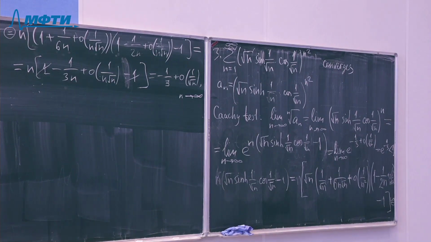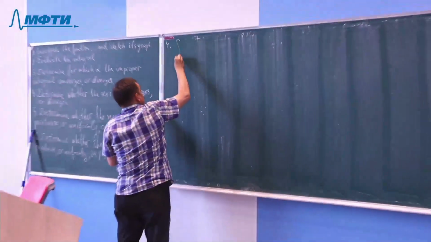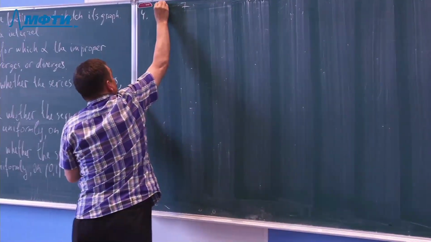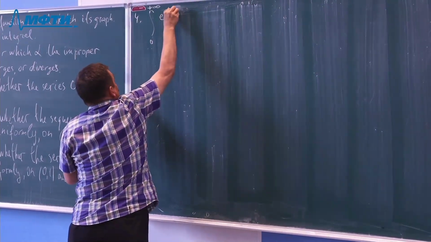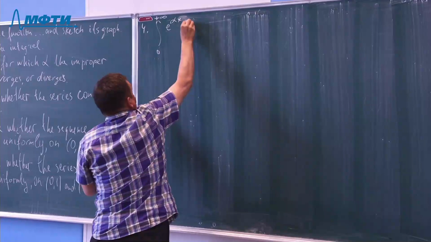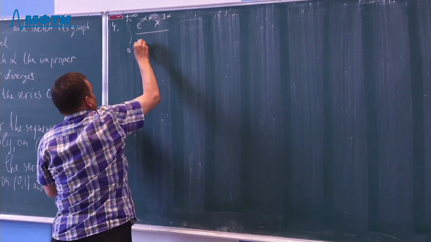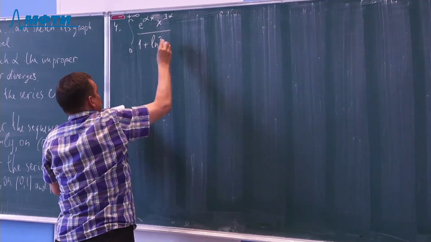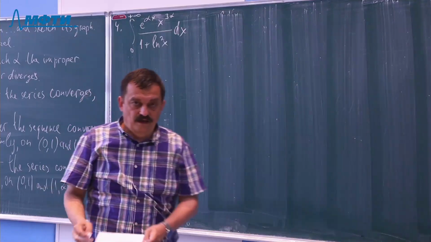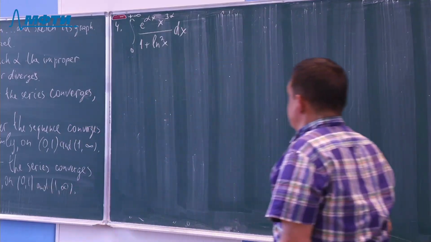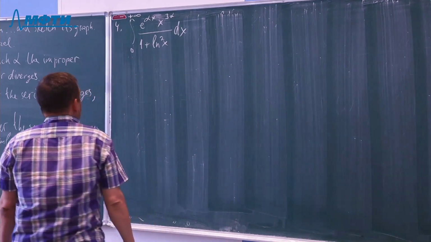Okay, fourth question. The integral is like that. Integral from 0 to plus infinity of e to the power alpha x, x to the power 3 alpha over 1 plus logarithm squared x dx. So for which alpha does this integral converge, and for which alpha does it diverge?